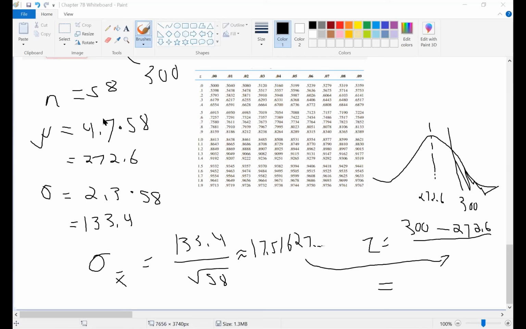I think there was an 8 after that, but good enough. And that's a z-score of 1.5642 and so on. These numbers just come out of a calculator.